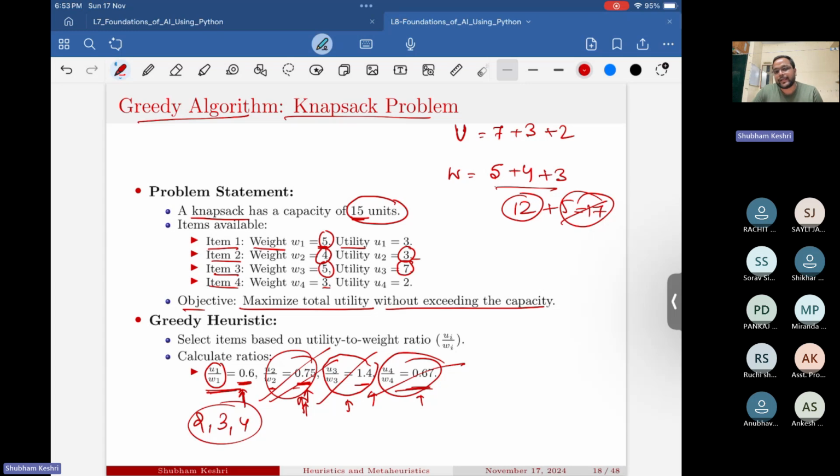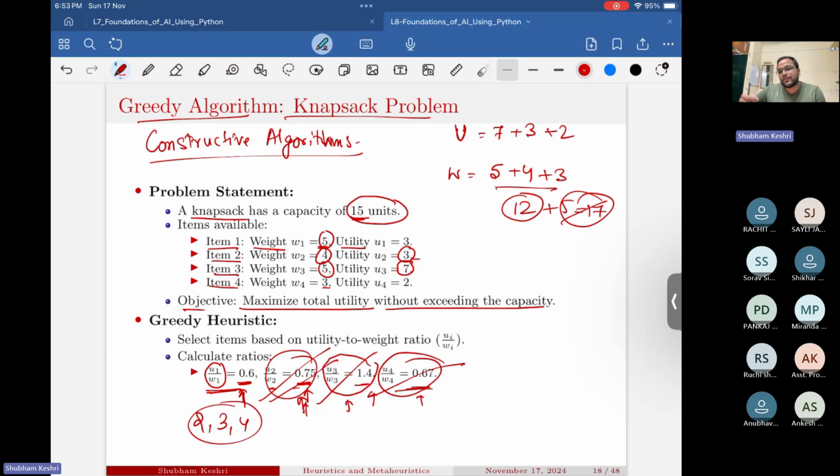So this is how a greedy algorithm works. So this is a heuristic algorithm. And if you remember, in some class I told you about constructive heuristics, constructive algorithms. So this is a constructive algorithm.